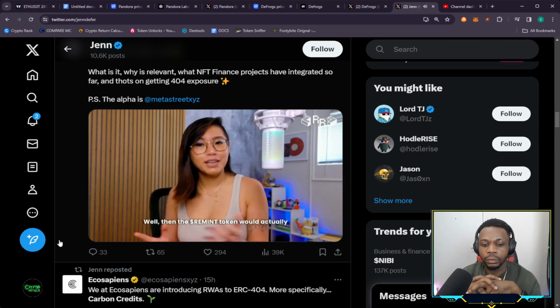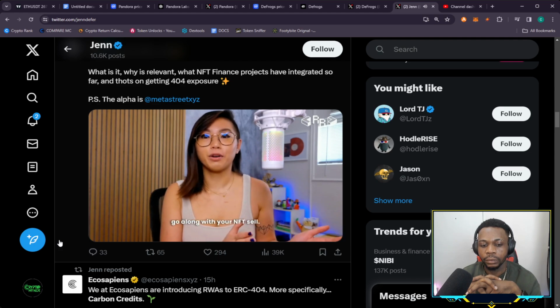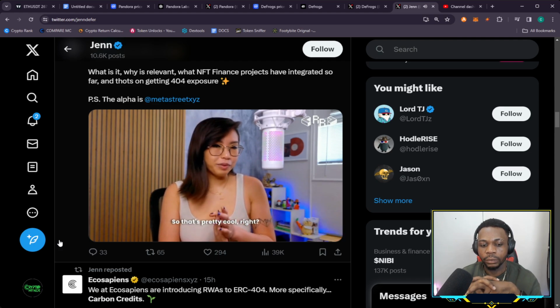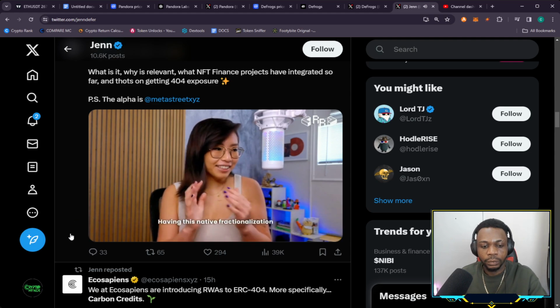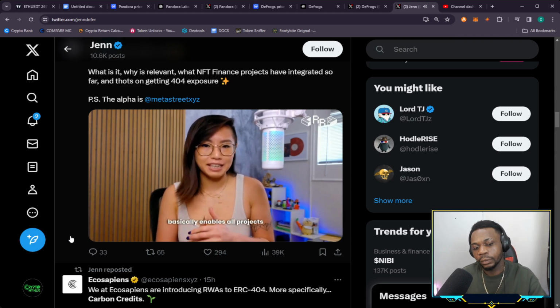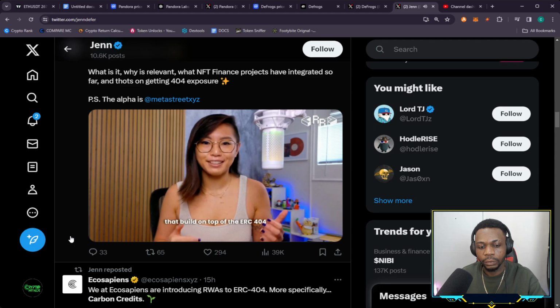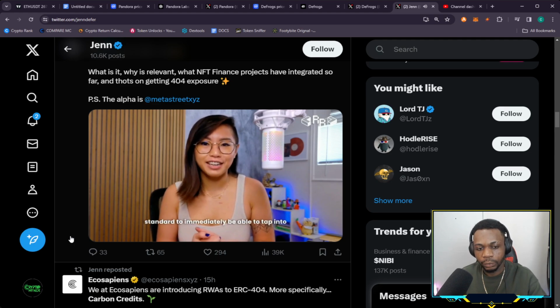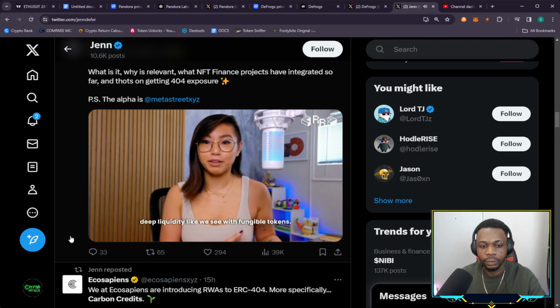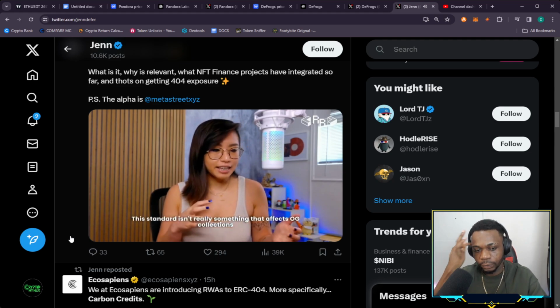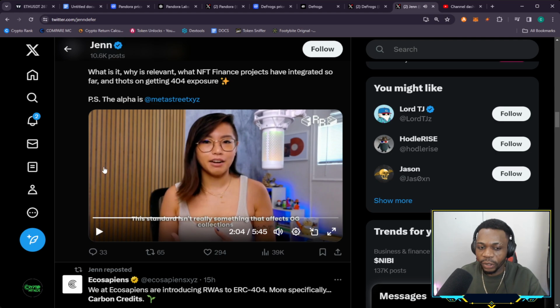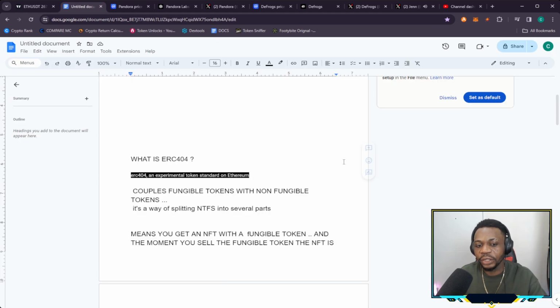Well, then the Remint token would actually go along with your NFT sale. So that's pretty cool, right? Having this native fractionalization basically enables all projects that build on top of the ERC404 standard to immediately be able to tap into deep liquidity like we see with fungible tokens.